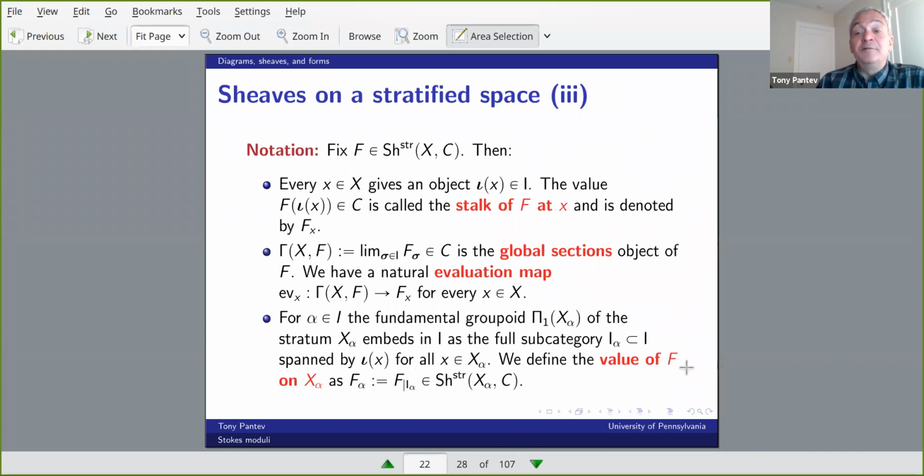And the value of the diagram on the stratum is just the restriction of that functor to that subcategory of paths, which really is the fundamental groupoid. So this is a local system on the stratum. Yeah, the fundamental groupoid in some kind of infinity sense, right? Yeah, everything is in the infinity sense.